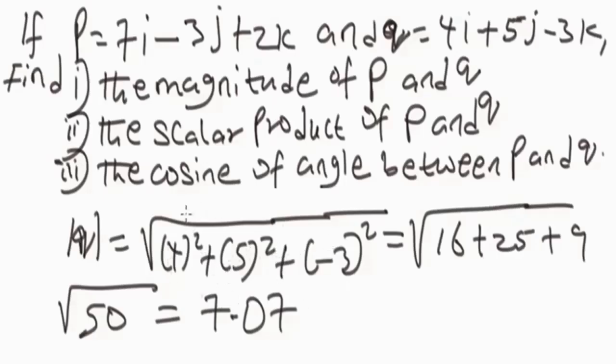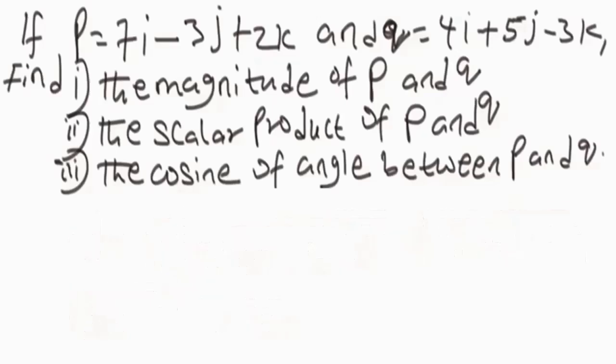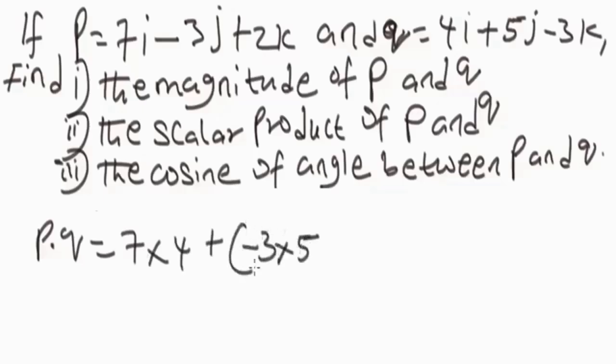Now let's solve for the scalar products. The scalar product is the sum of the products of the corresponding components. So the dot product between P and Q will be 7 times 4 plus (-3) times 5, we put it in brackets because of the negative 3, plus 2 times (-3).